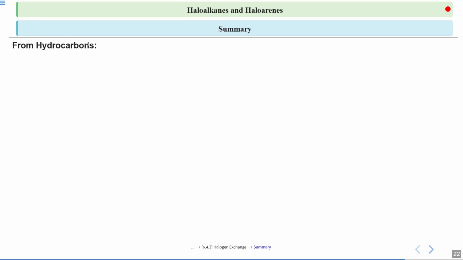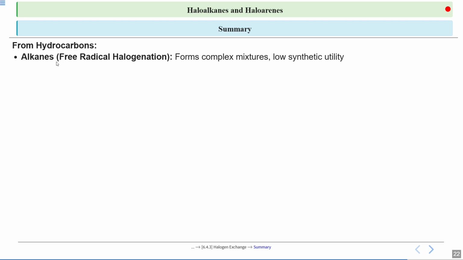Then we saw the preparation of haloalkanes from hydrocarbons, first from alkanes, which follows the free radical halogenation process involving free radical formation. This forms complex mixtures when it reacts with the alkane, which have low synthetic utility because you can't easily separate the isomeric mixtures.